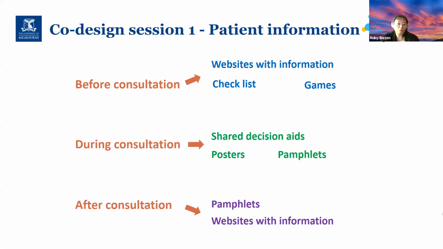They wanted to be able to obtain information through websites before the consultation, while after consultation, they also want information that they can download quickly on the website and any pamphlets that they may take home that are provided by the GP during the consultation. They also said they wanted posters and pamphlets in the waiting room in a general practice setting.